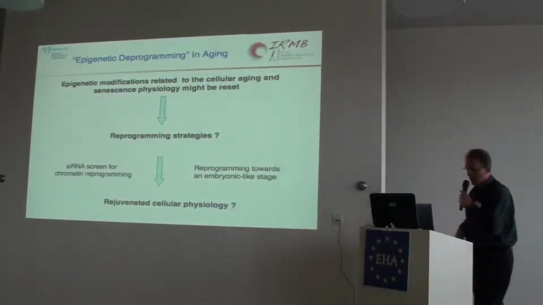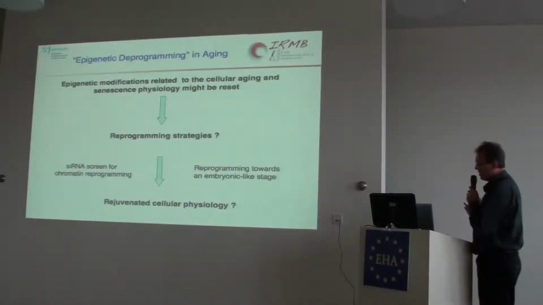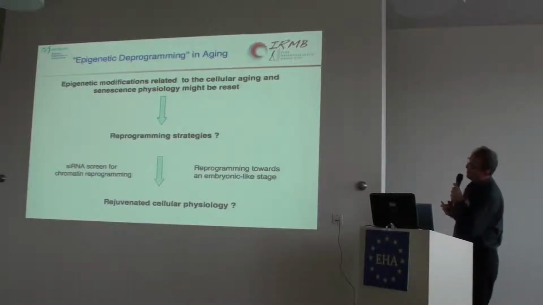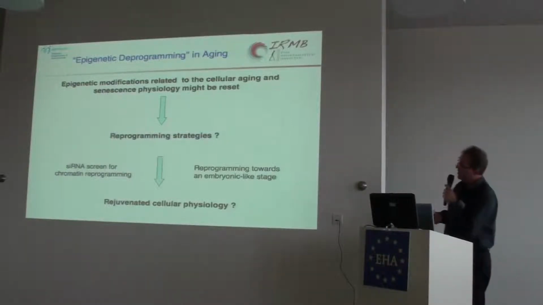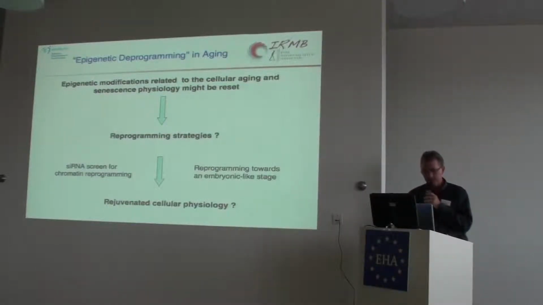So we believe that probably we can have a sort of deprogramming of the cell in aging. And if it's the case, and if it participates in aging, probably you can find a strategy to reprogram them, and this is what we did.